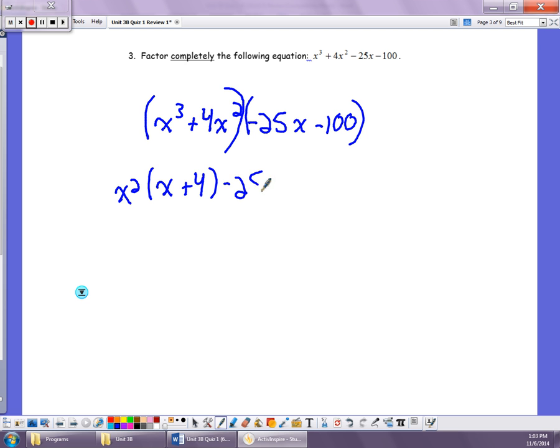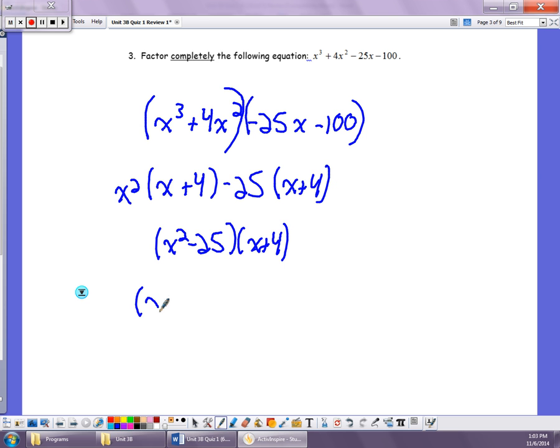Take out negative 25. I'm left with x plus 4. So my result is x squared minus 25, x plus 4. Now a lot of you guys are going to stop here, but it says factor completely. So I have to recognize that x squared minus 25 is a difference of squares. So that can become x minus 5, x plus 5 times x plus 4, which would be my final answer.